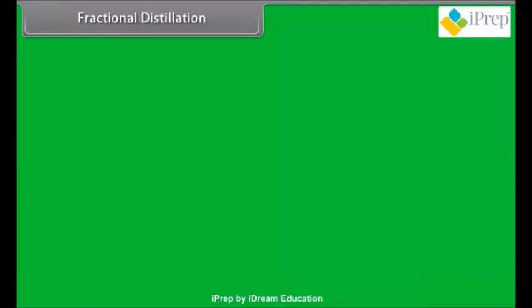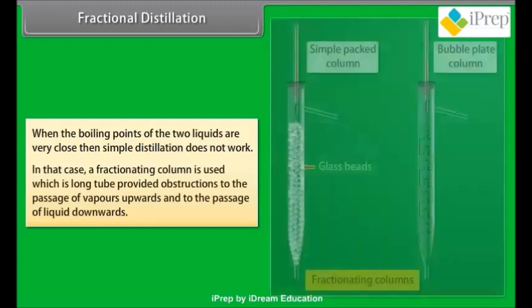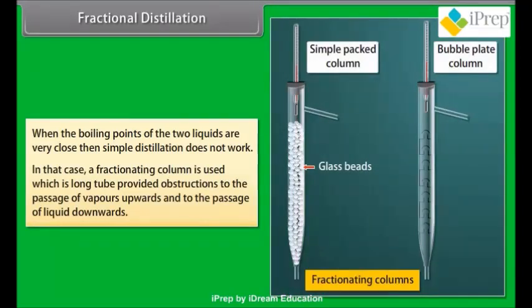Fractional distillation. When the boiling points of two liquids are very close, simple distillation does not work. In that case, a fractionating column is used, which is a long tube that provides obstructions to the passage of vapors upwards and of liquid downwards.